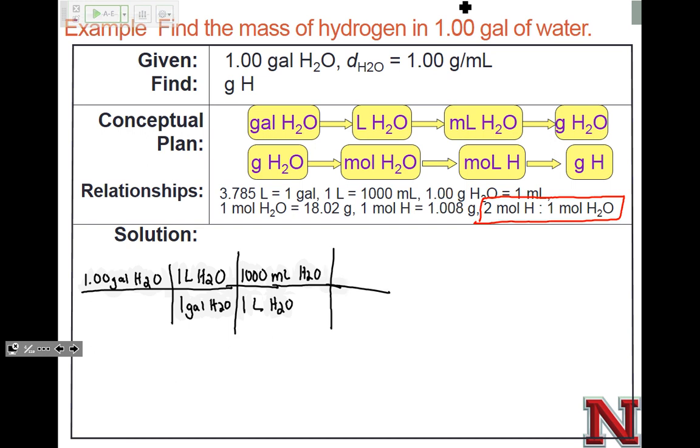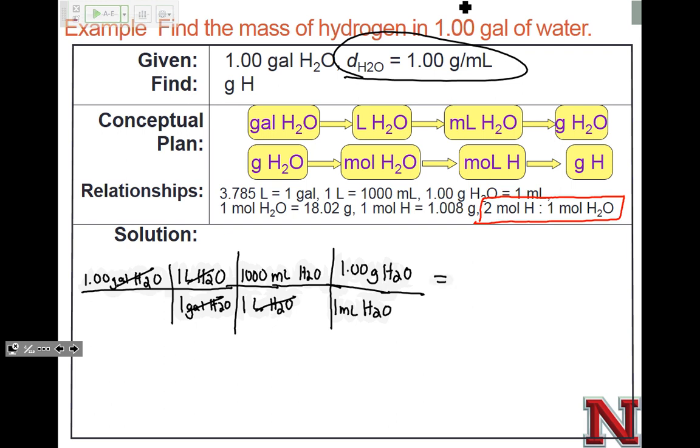Now that we have this in milliliters, now we can convert that using our relationship of our density to mass. So 1 milliliter of water equals 1.00 grams of water, according to our mass. That's our density relationship.